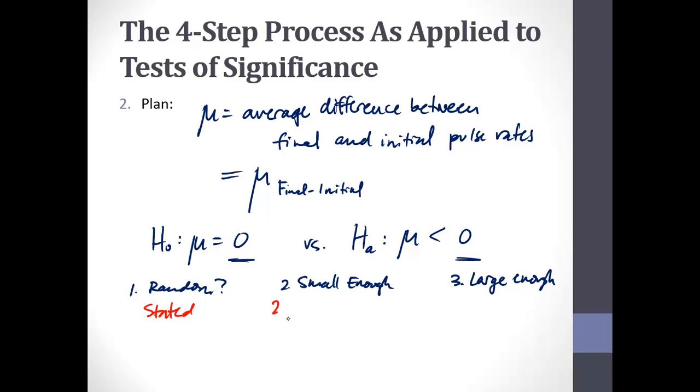Small enough: 20 times n is 20 times 12, which equals 240. So is that less than all of the people in the world? Well, of course it is.